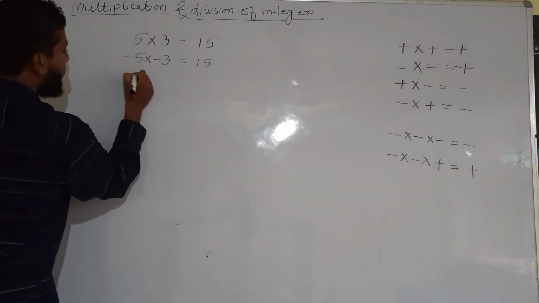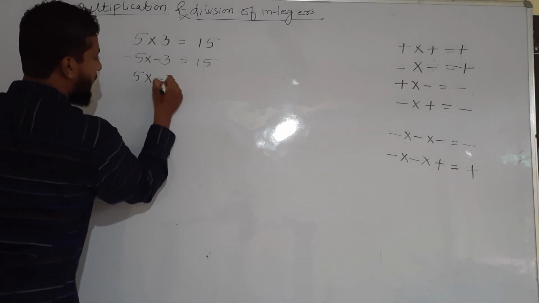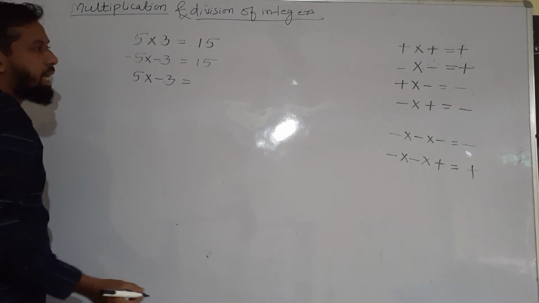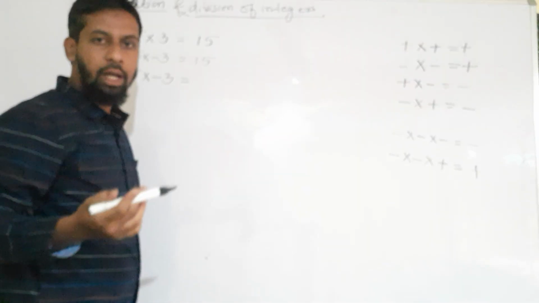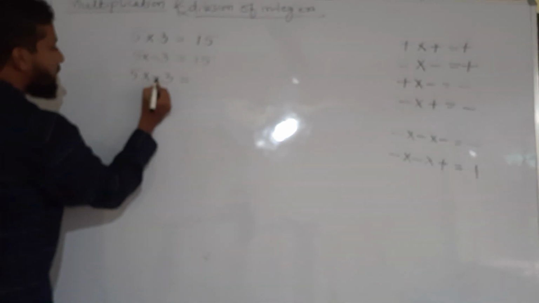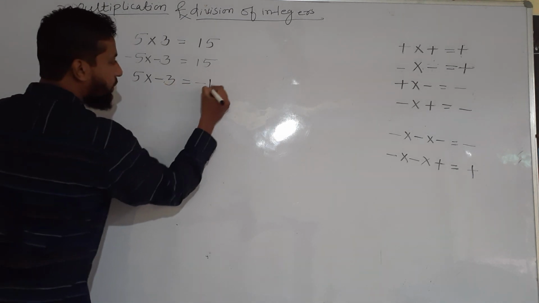Now, if one sign is positive and the other sign is negative, as I said, when you multiply different signs, you will get the result negative. Plus into minus is minus. 5 3s are 15.